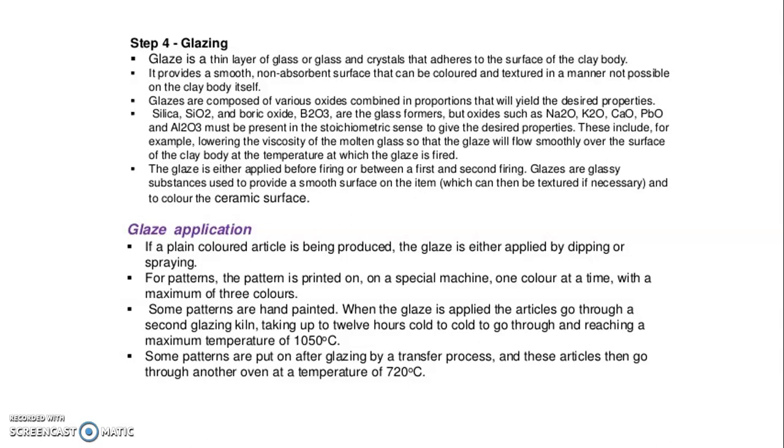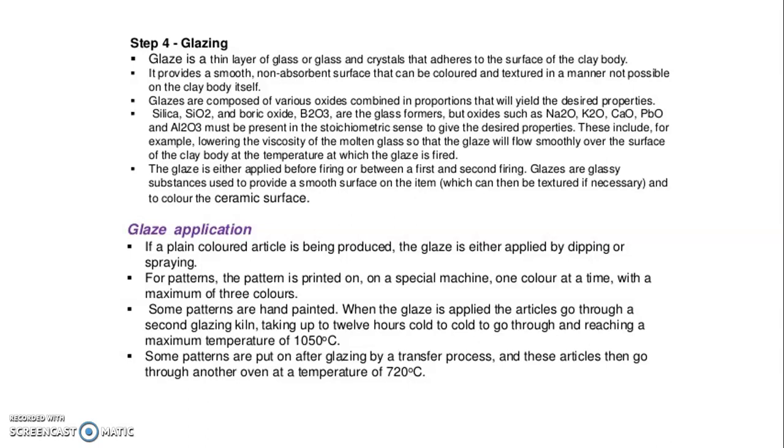Silicon dioxide and boric oxide, B2O3, are the glass formers, but oxides such as sodium oxide, potassium oxide, calcium oxide, PbO and aluminum oxide must be present in the stoichiometric sense to give the desired properties.